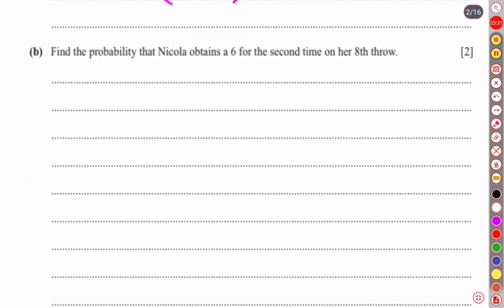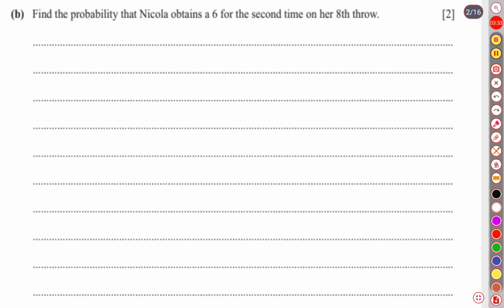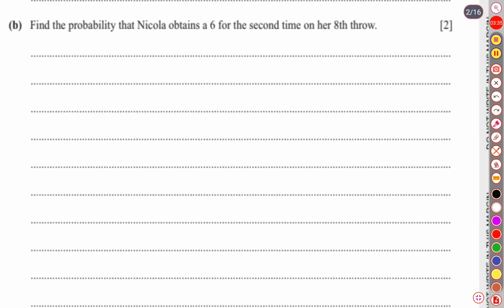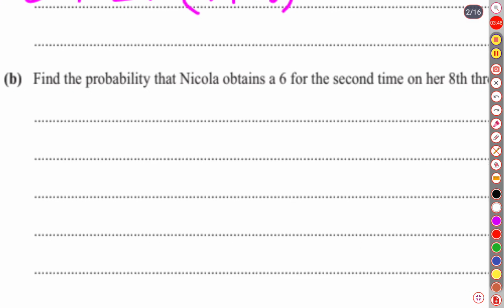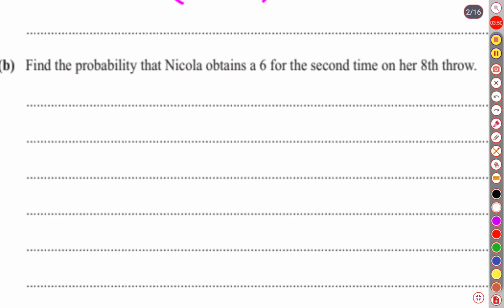Let's move on to the immediate next question. The second part of this question: find the probability that Nicola obtains a 6 for the second time on her 8th throw. If we split this question, we will find that there are two parts hidden inside this. First part is, he obtains a 6 for the second time on the 8th throw.